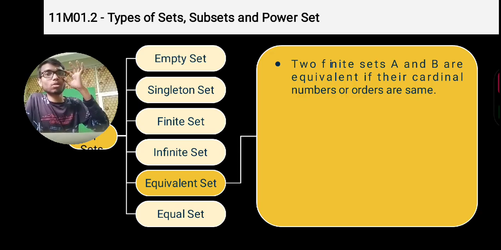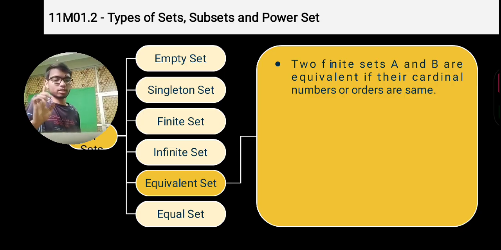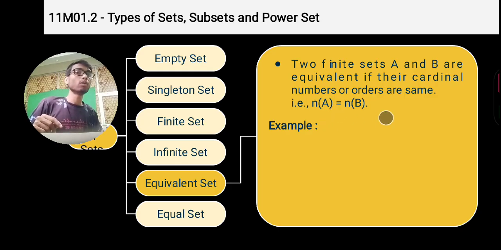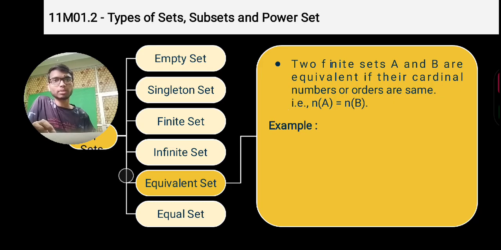Here our focus will be on the number of elements in the two sets. Clear? Number of elements, cardinal number. So the number of elements of this set is equal to the number of elements of this set. This is the meaning of equivalent sets. Here we take two sets.